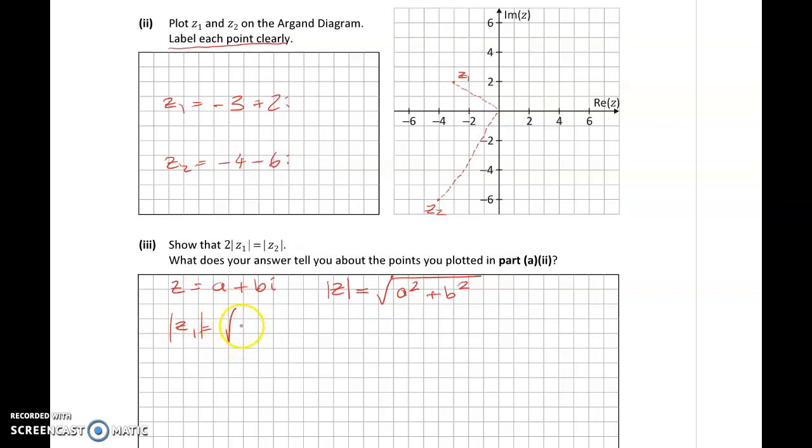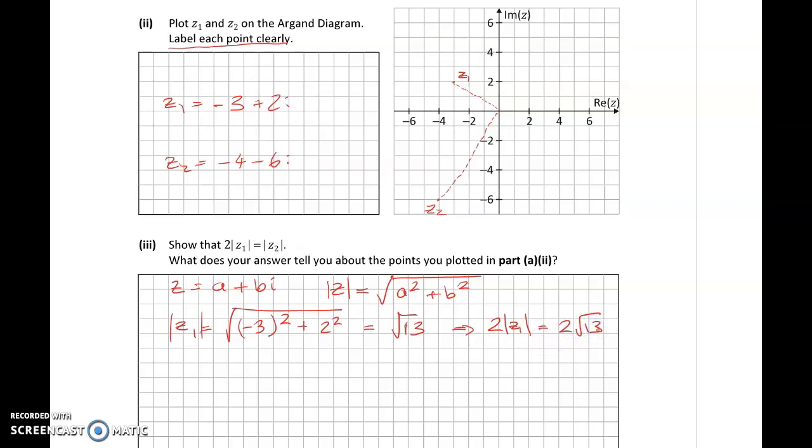So the modulus of Z1 is going to be the square root of -3 all squared and 2 all squared. And if I work that out, it becomes the square root of 13. Then if we look at the question, it's asking for 2 lots of that. So that's 2 lots of the square root of 13.